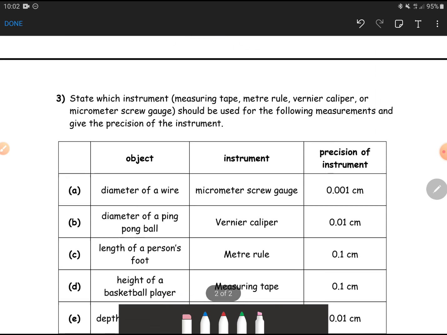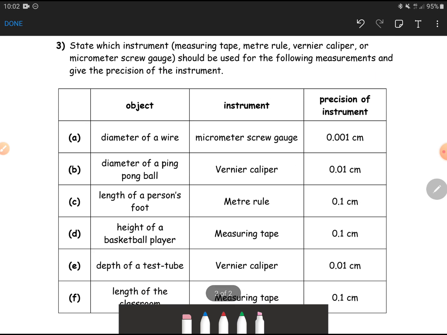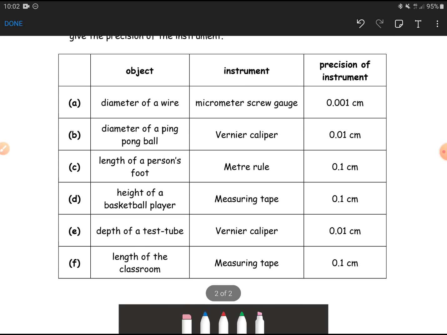Moving on, these are the different equipment that we will be learning about. You can obtain all of this information from a textbook, but it's on different pages, so you might have to sort through it a little bit. I think the most important thing is you need to know the 4 different types of equipment that we use for measuring length itself.